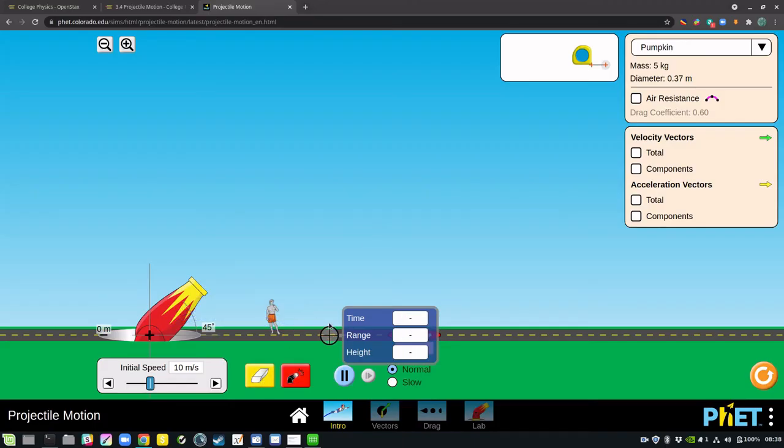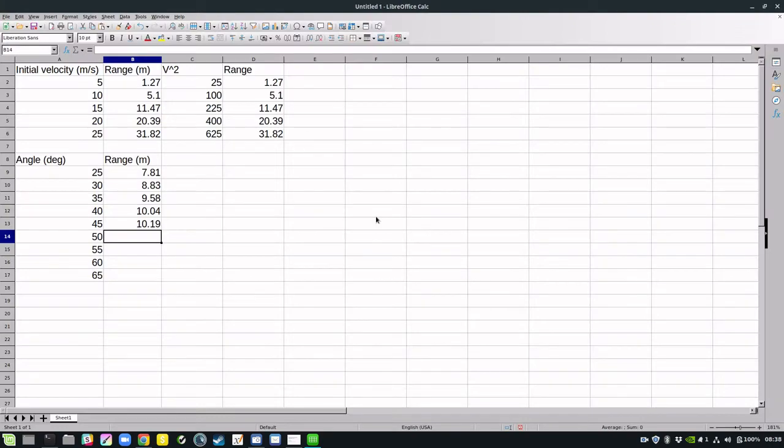And I think from now on we should erase, and then 50 degrees fire, 10.04. That number looks familiar.